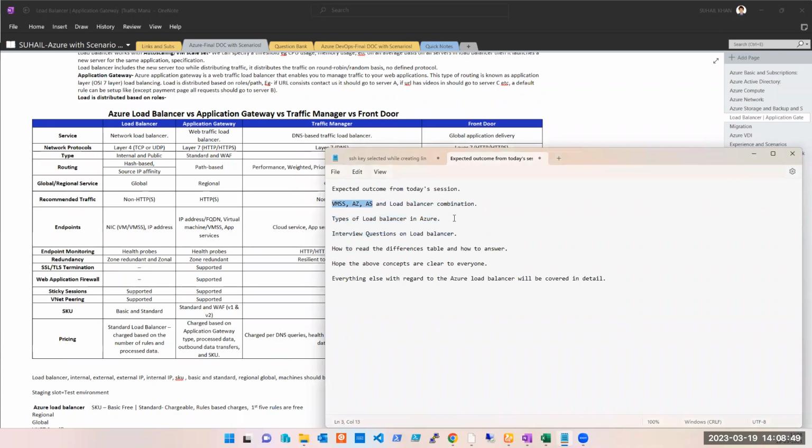So we talked about the combination of these two technologies and how to utilize them to have complete high availability. Then we discussed types of load balancer. It is already there on your screen. Interview questions I did discuss, and how to refer to them, how to read this table, I already explained to you. It is there in the recording. So if you still do not have any questions, I'll proceed.